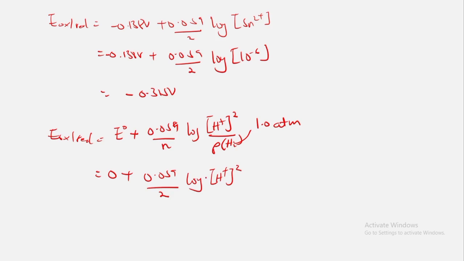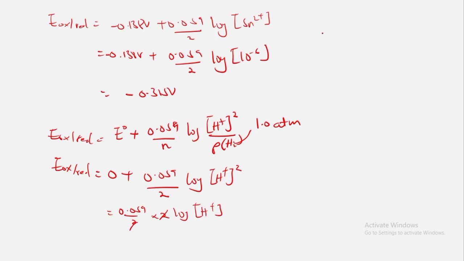Let's try expanding this, right? Because they gave us a pH and we need to put a pH inside. So we are going to get that these two can come in front, which is the law of logarithm. So we are going to get 0.059 over 2 times 2 log hydrogen ion. So this is going to cancel this.